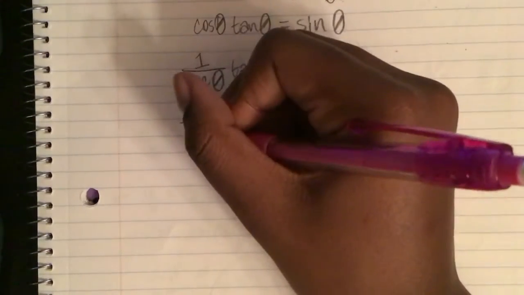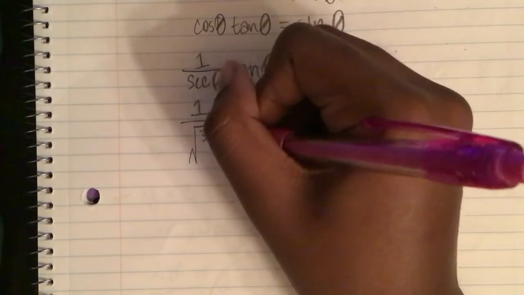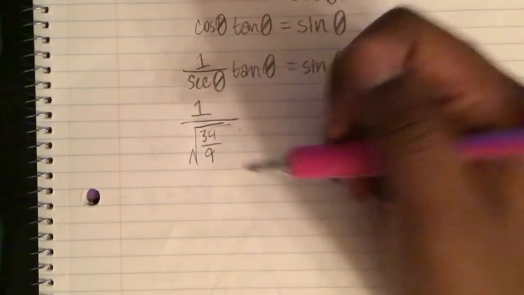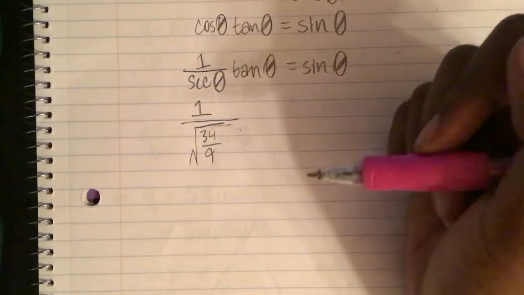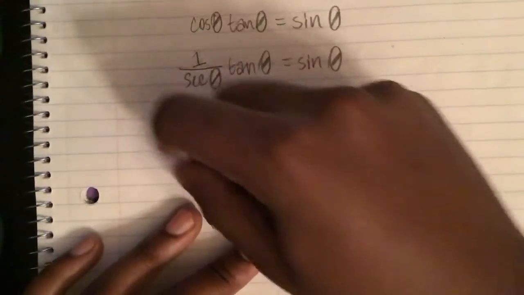Now, thanks to our first part of the problem, we know that the secant of theta is going to be equal to the square root of 34 over 9. Now we're just going to simplify that because we don't want to have a square root as a denominator. We can't have that. We'll have to rationalize it. So we're going to simplify that, and that's going to give us, oh yeah, it was negative.